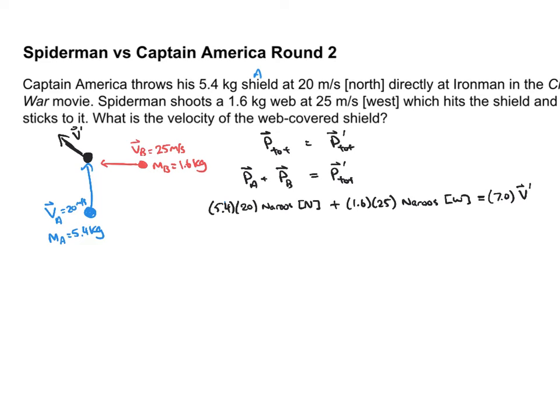Okay, so these are in two dimensions here. I'm going to multiply to get each momentum, and I'm going to divide by 7 as well to isolate the velocity. So 5.4 times 20 divided by 7 is 15.43. I'll keep a couple extra digits. Newton-seconds north.